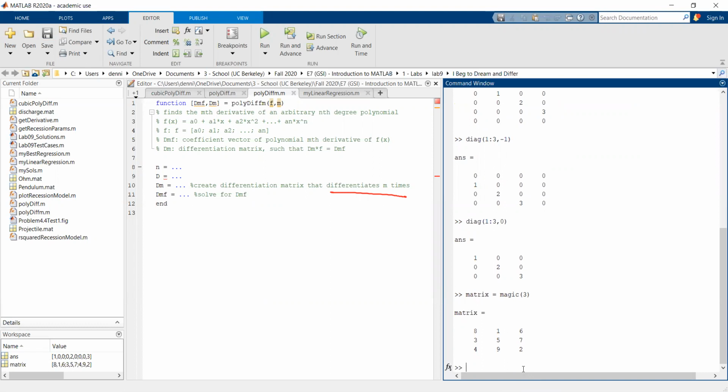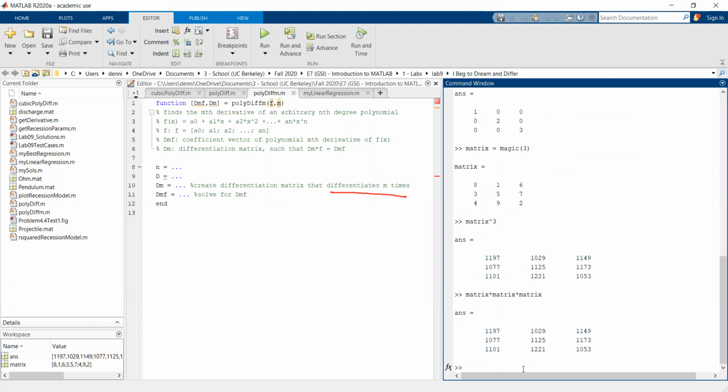If you want to multiply it a number of times, you can do it the same way you do with numbers. You can do matrix to the power of 3, and then you'll just multiply a bunch of times. That's like saying matrix times matrix times matrix, just like that. So that probably will help you for this step.